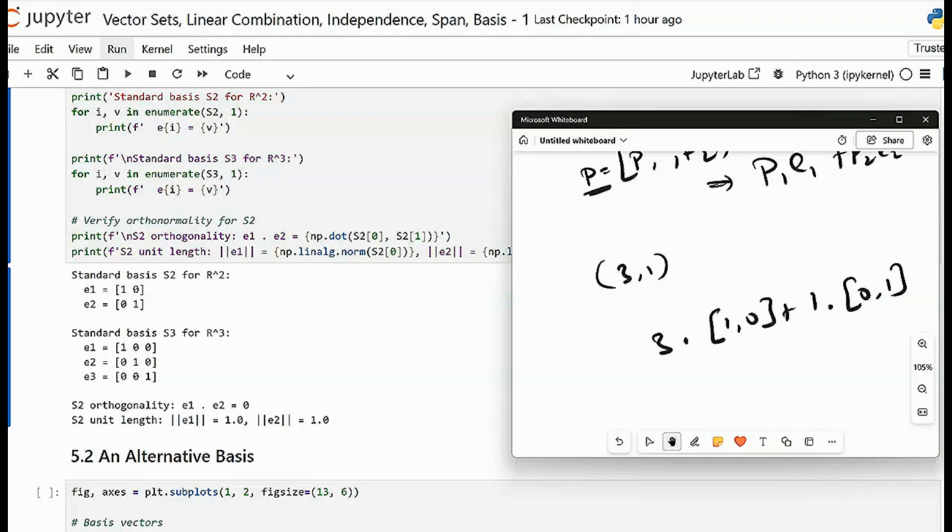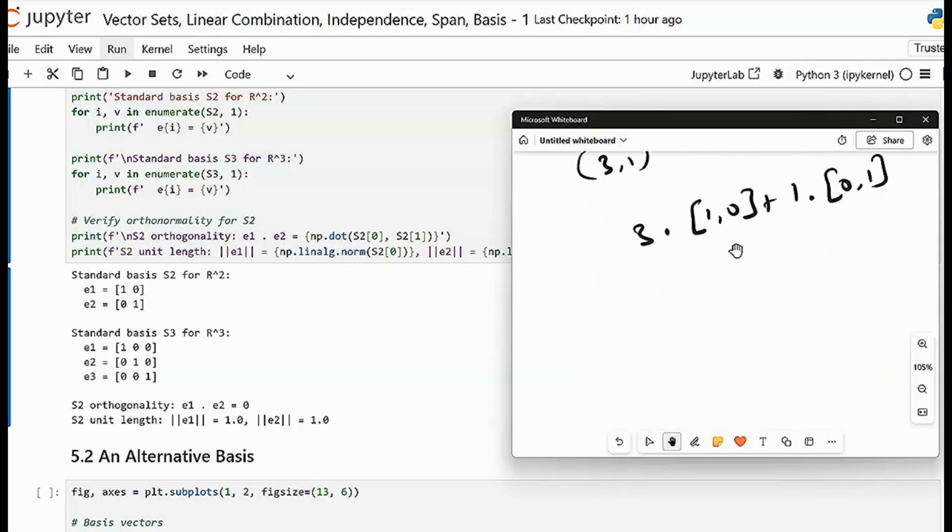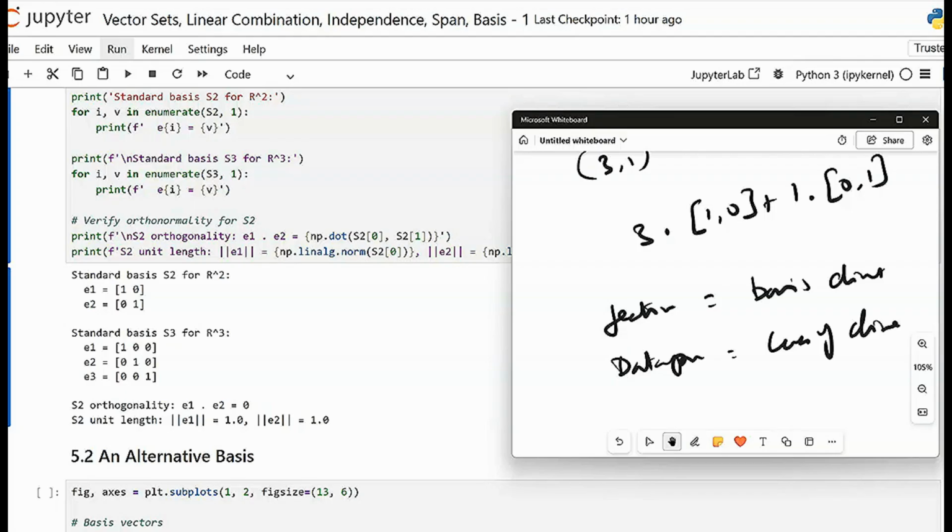From a data science interpretation, kindly observe, dear friends, whenever you take features, they are the exact basis directions, and the data point is a combination of those directions. Kindly keep this in mind.